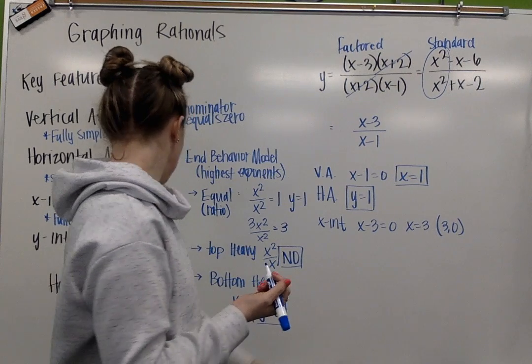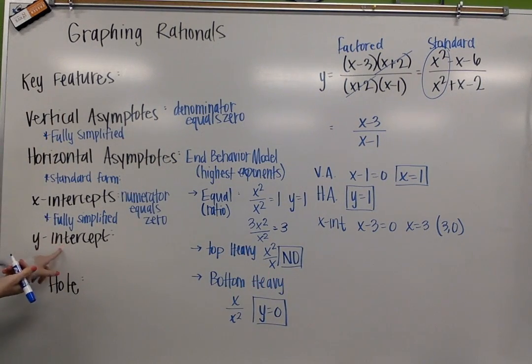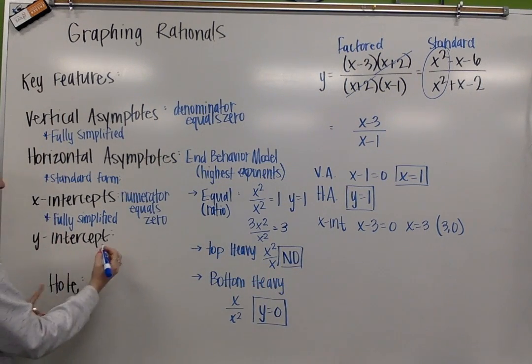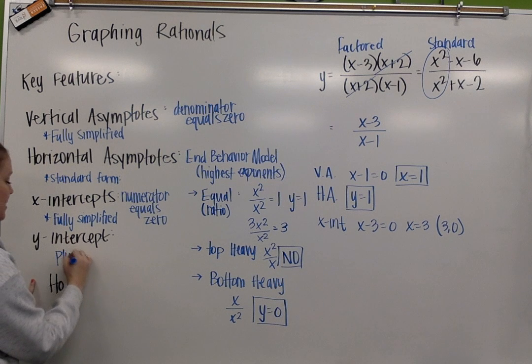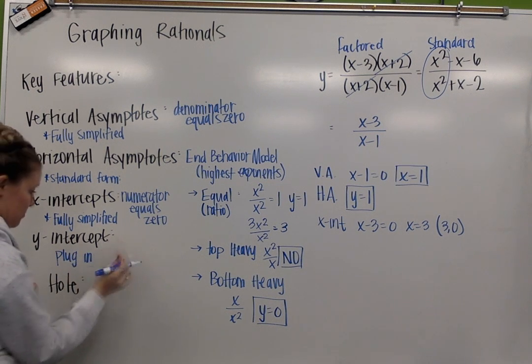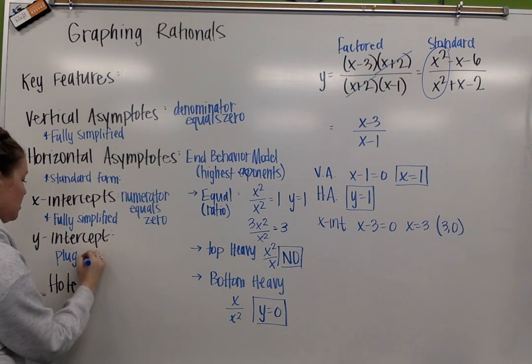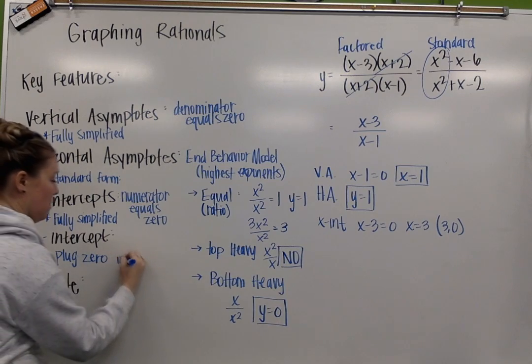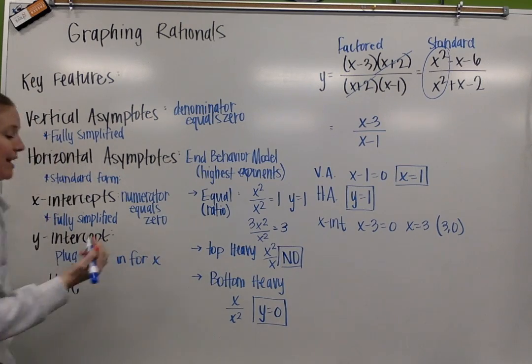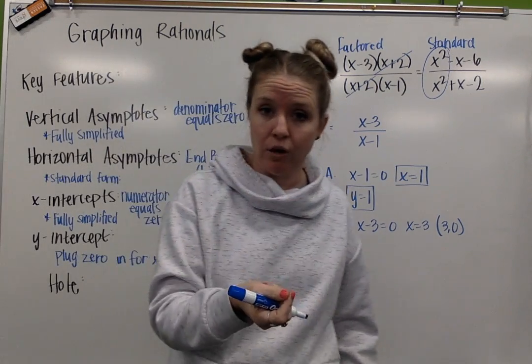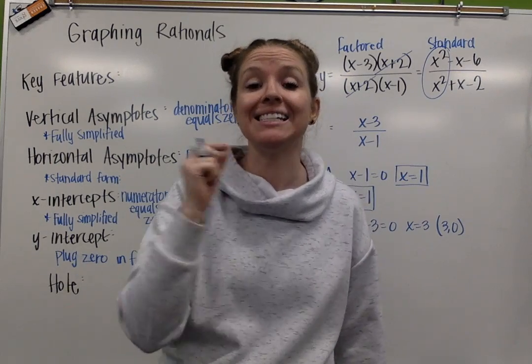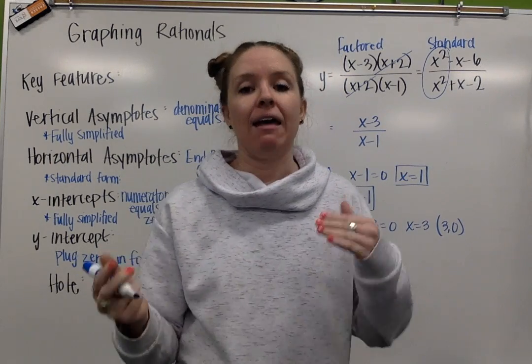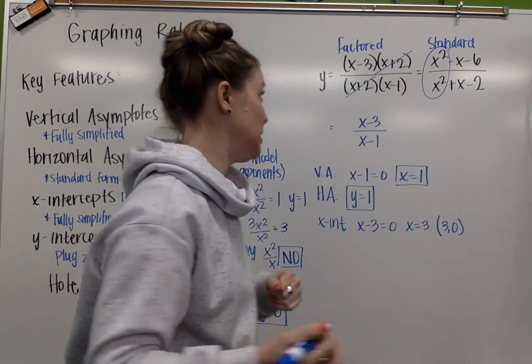Okay, cool. The y-intercept. In the y-intercept, what I'm going to do is plug 0 in for x. Now, x equals 0 for the y-intercept. So I'm just plugging in 0 for x, and that's going to tell me my y-intercept.